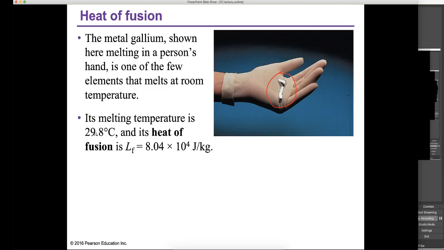Its melting temperature is 29.8 degrees, and its heat of fusion is 8 times 10 to the power 4 joules per kilogram. That's why even if it touches your skin, it will melt, because your body temperature is higher than this temperature. Then it melts.